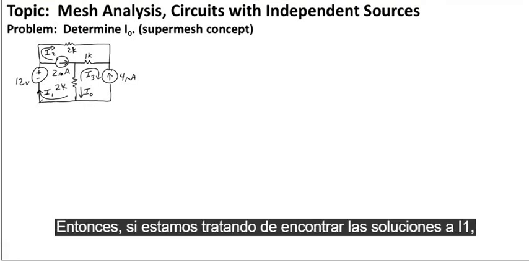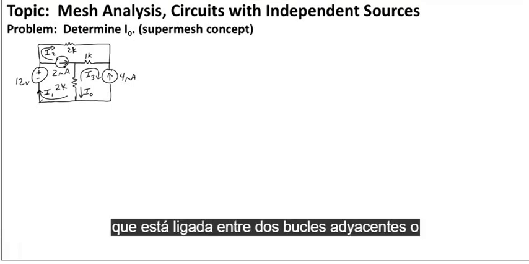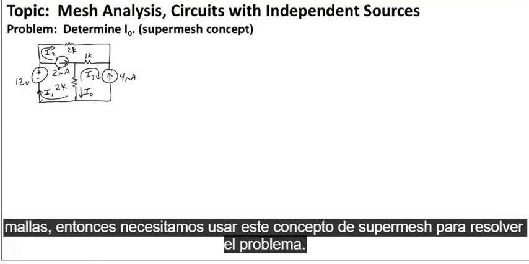So if we're trying to find the solutions to I1, I2, and I3 in mesh analysis, and we have a current source which is tied between two adjacent loops or meshes, then we need to use this concept of super mesh to solve the problem.